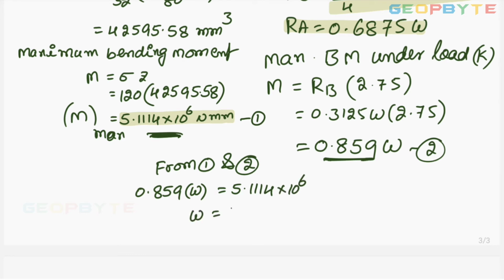Therefore W equals 5.1114 into 10 power 6 divided by 0.859. That is the point load.